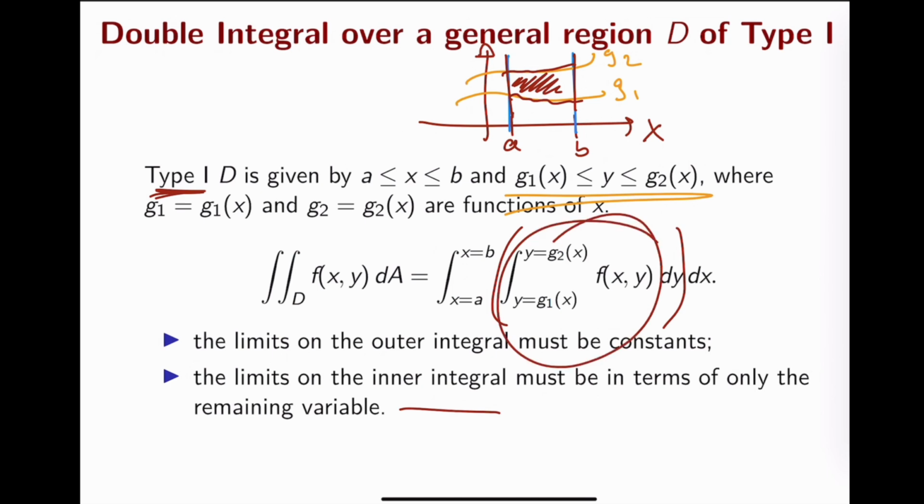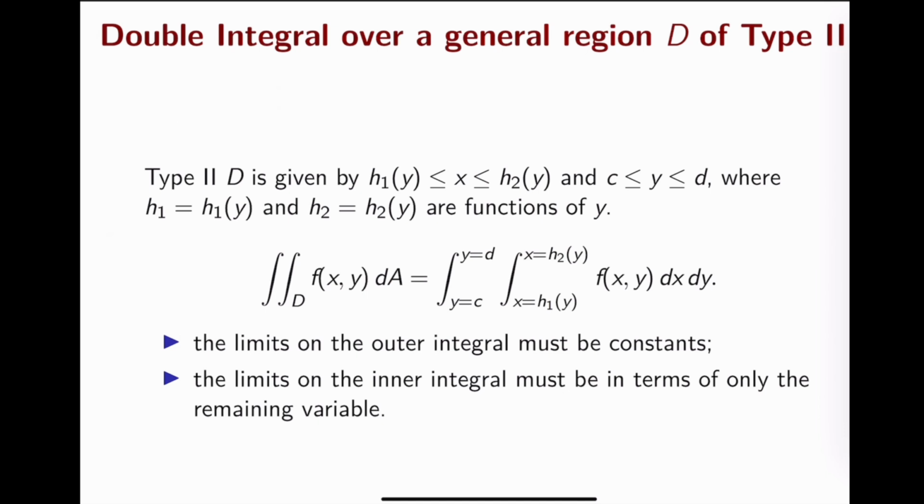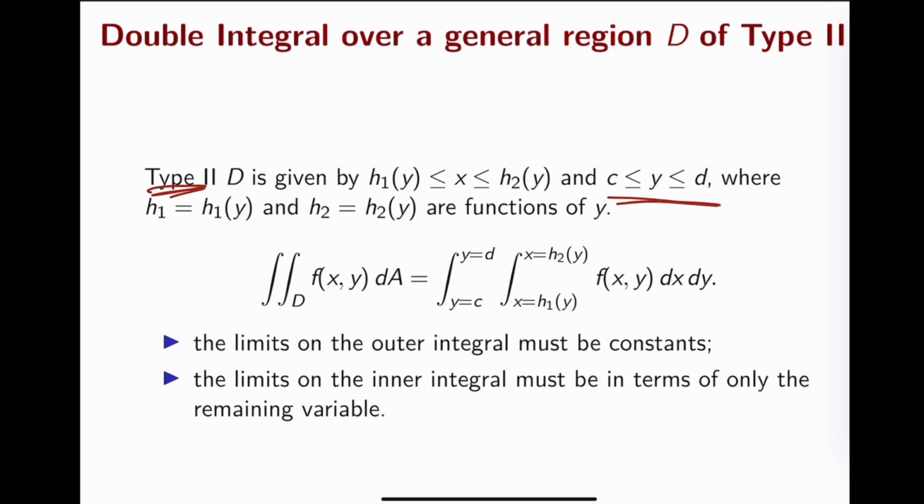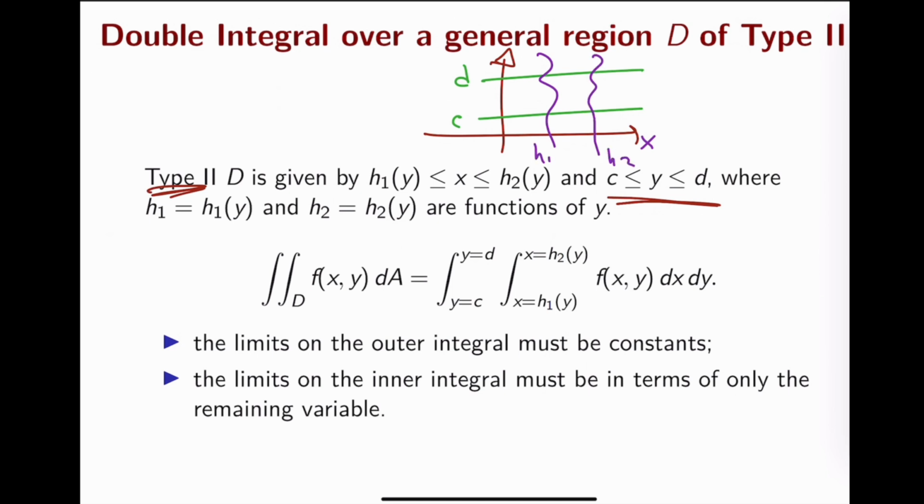We're going to say that the domain is of type 2 in case it is defined by these limits here. So now y is the one that varies between two constants, c and d, and x varies between two functions, h1 and h2.